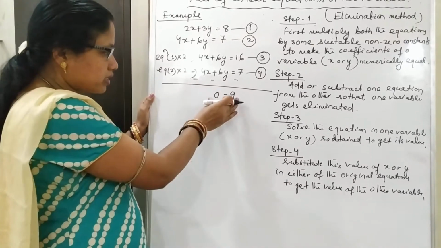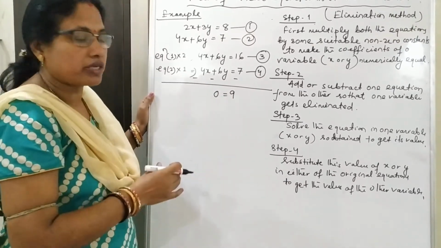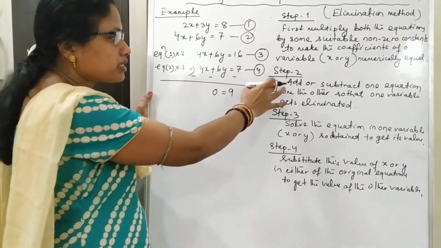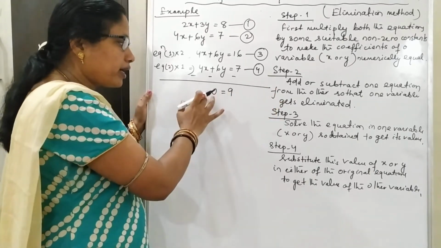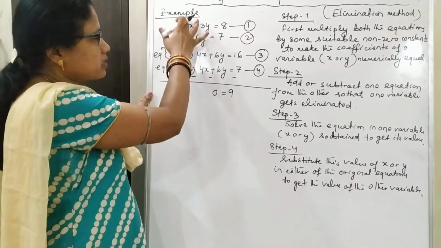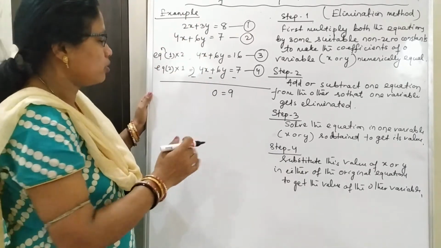So I got this statement which is a false statement. 0 cannot be equal to 9. So if in step 2 you will get a false statement, then it concludes that these equations have no solution.